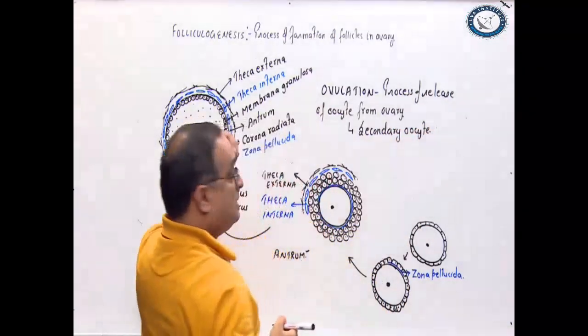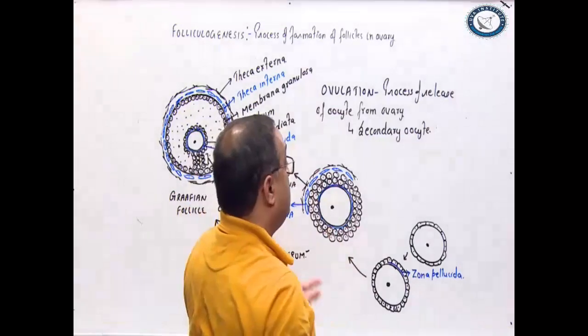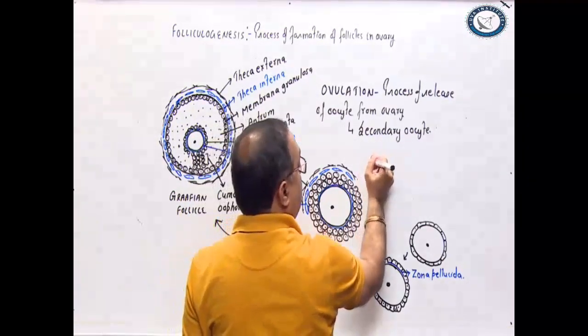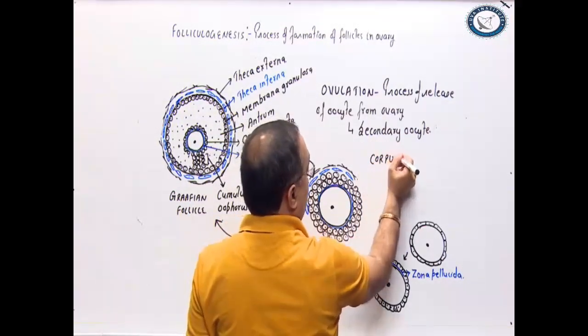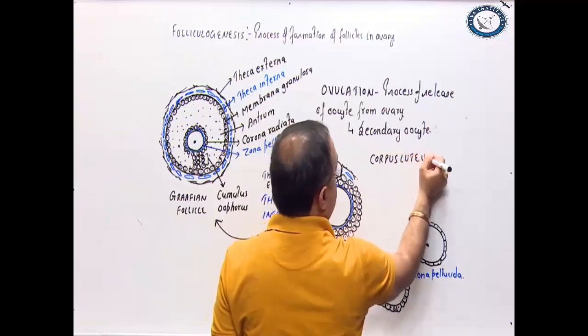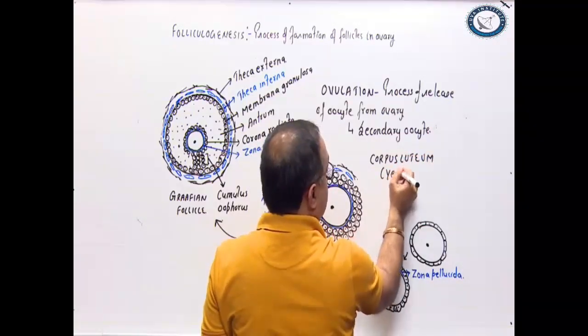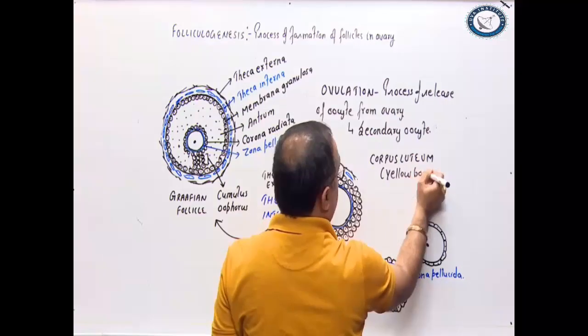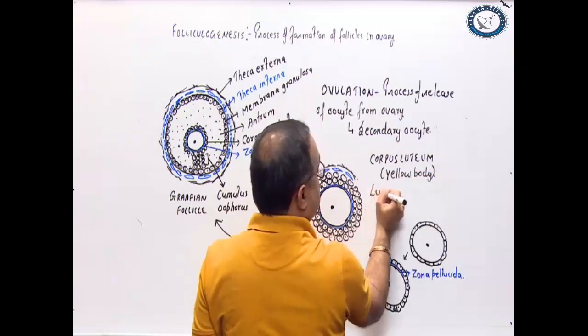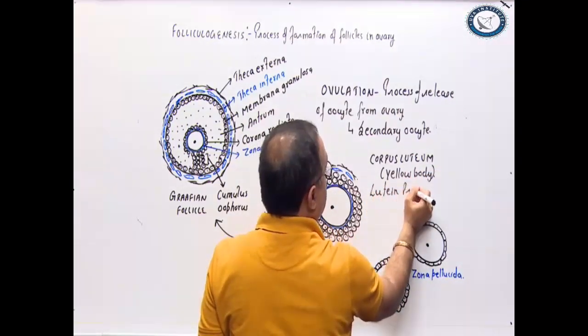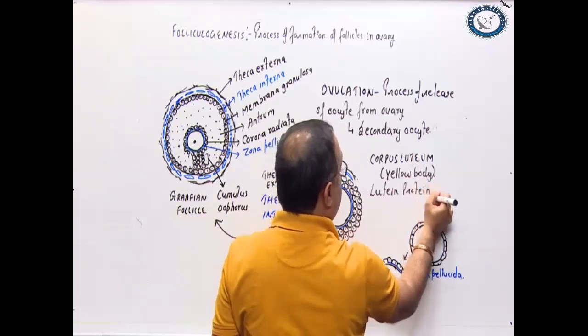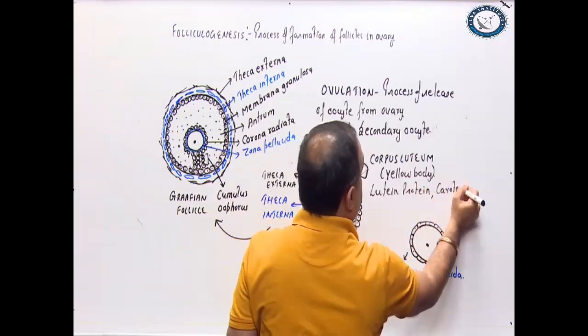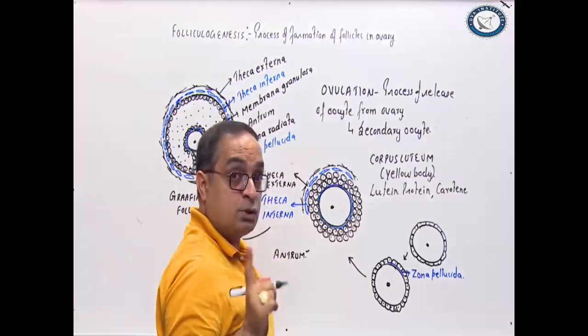Once the oocyte has been released from the Graafian follicle, the remaining cells form a temporary endocrine gland which is called corpus luteum. Corpus luteum is also called yellow body because it has lutein protein and carotene pigment that gives it yellowish tint. What is corpus luteum?